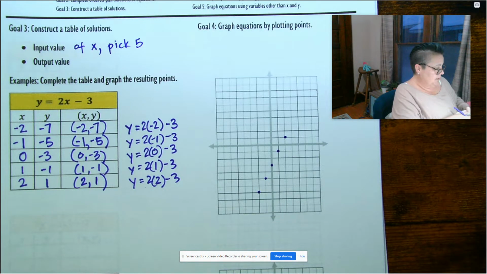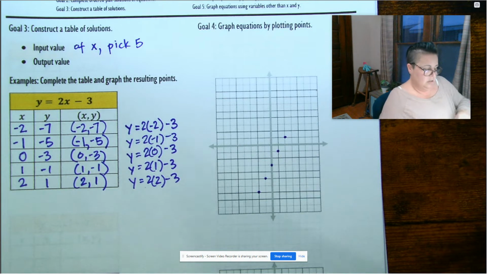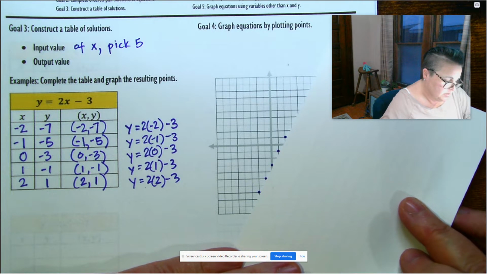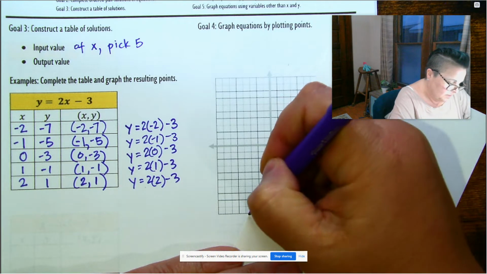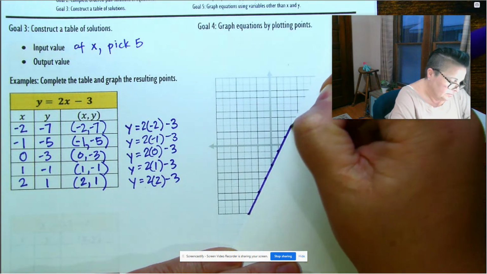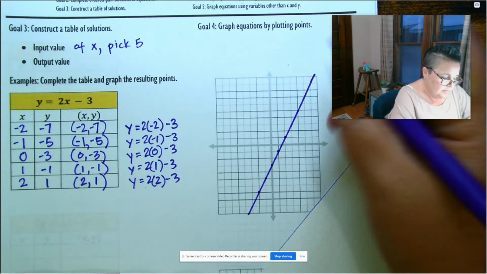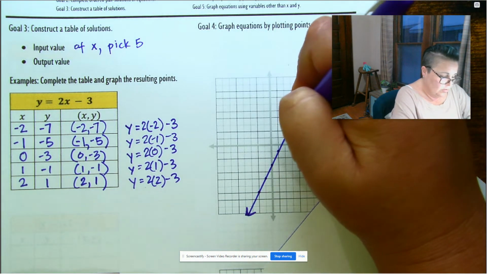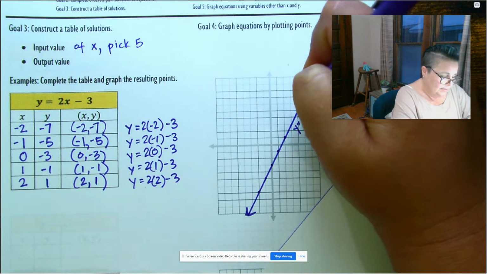Using some straight edge, I'm going to go ahead and connect those points together. This gives me the line that represents y is equal to 2x minus 3.